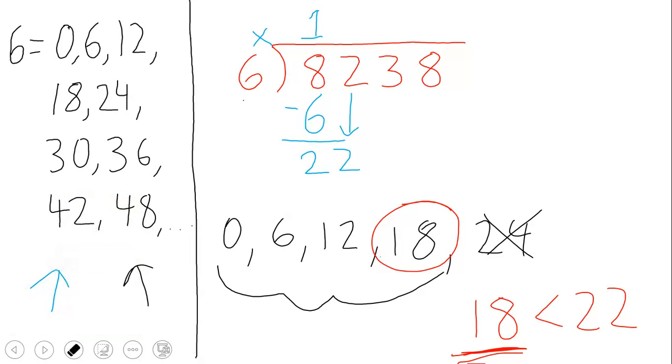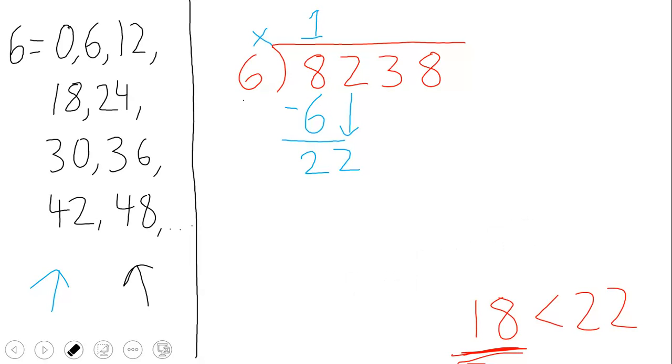Okay, so let me erase. So we have 6 times 3, which is going to give me 18. So we subtract 2 minus 8. 2 minus 8 is not going to give me a positive whole number, so I borrow.